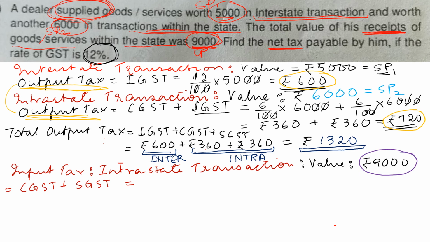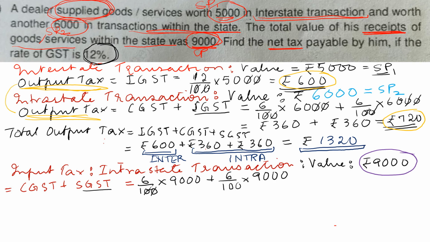So your CGST will be half of 12, which means 6% of 9,000, plus SGST also will be 6% of 9,000.